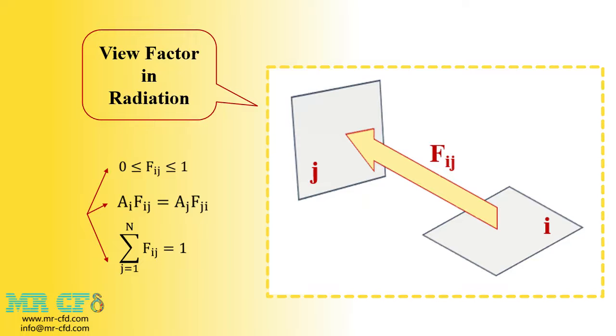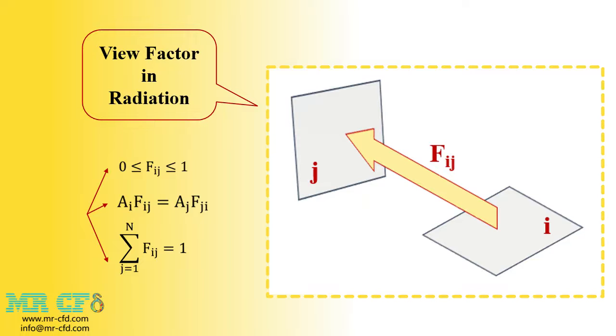For example, for the present figure, if Fij is equal to 1, it means that surface J is completely covered by surface I, whereas if Fij is equal to 0, it means that the two surfaces don't see each other at all. In addition, we have two important laws in the subject of view factors.